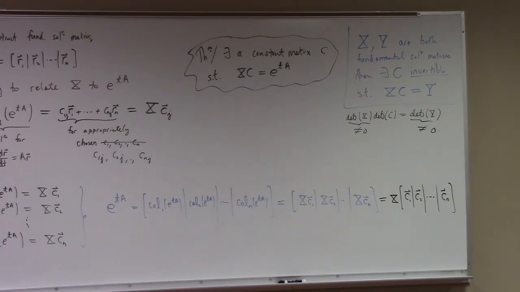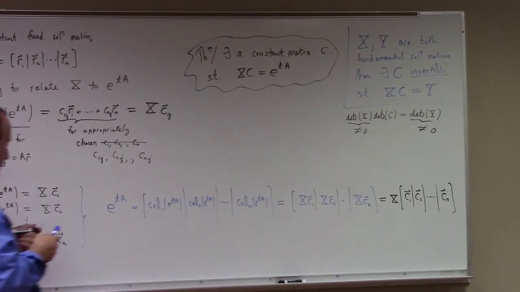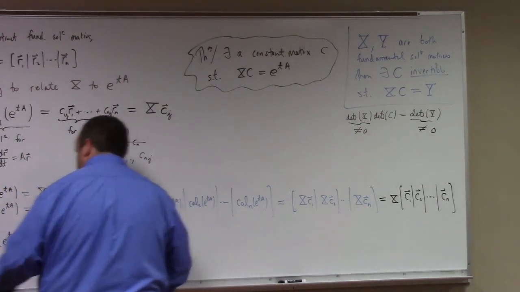So why does this matter to us? Well, this actually gives us a way to calculate the matrix exponential directly from the solution matrix if we found it. Let me show you an example of that.